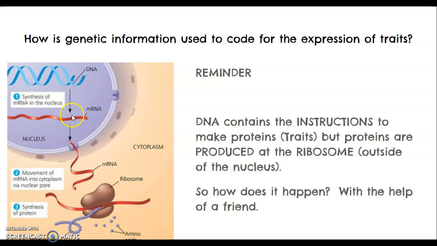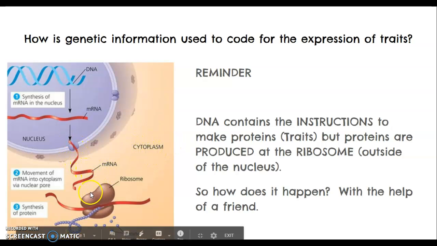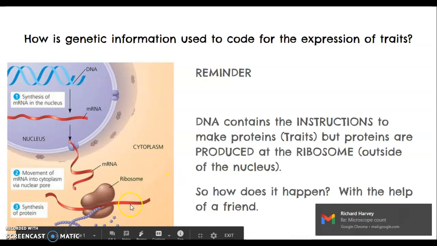It's taking the message out of the nuclear pore, out of the nucleus, into the cytoplasm, going to a ribosome. So that's the movement of mRNA into the cytoplasm via the nuclear pore, and then the synthesis of a protein. The next thing that's built is the protein, and you can see that the messenger RNA goes through the ribosome and amino acids are built.